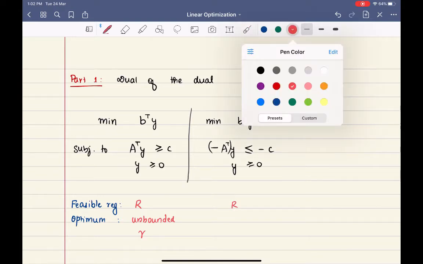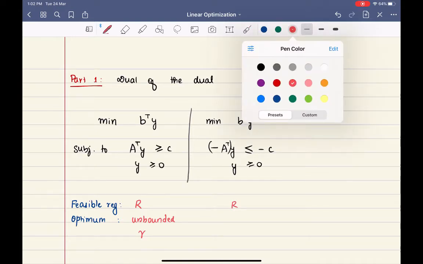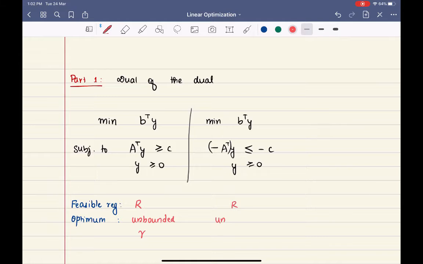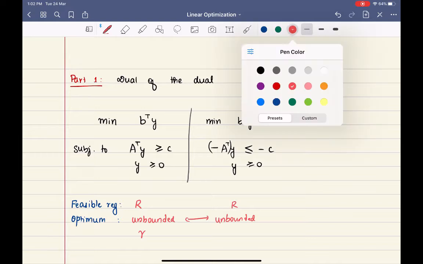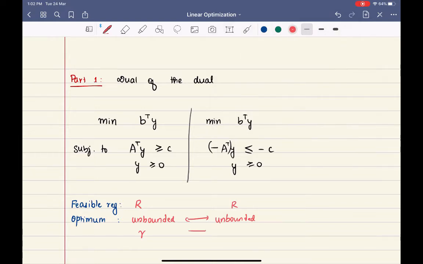Now what about the optimum? The optimum is the same. It is either unbounded if this LP is unbounded, or it is gamma. So essentially nothing changed.